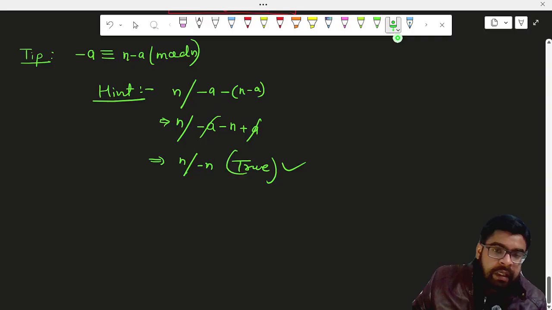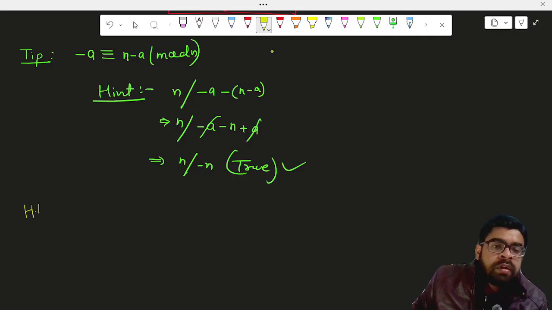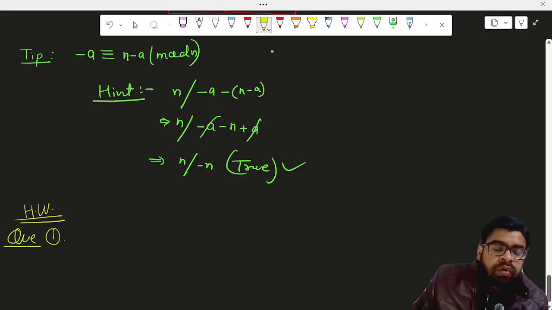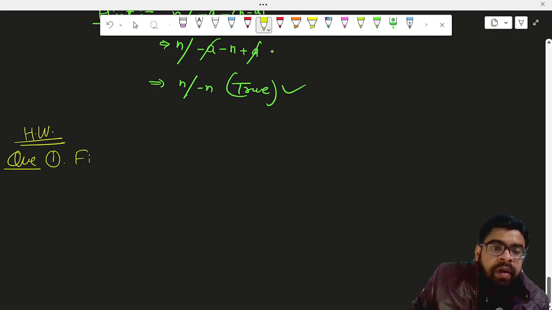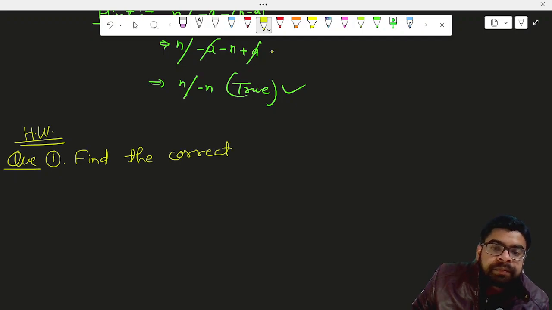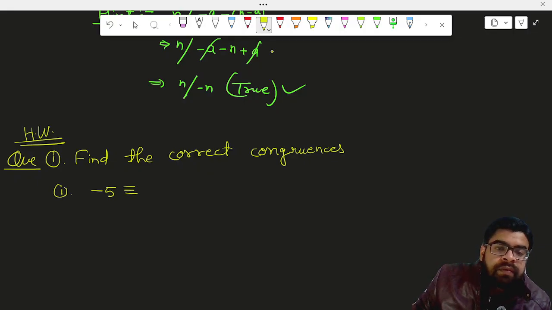Okay, so I'm writing some questions for homework. Try to solve these questions and give the answers in the comment box. You have to find the correct congruence. The first one is minus 5 congruent 15 modulo 20.